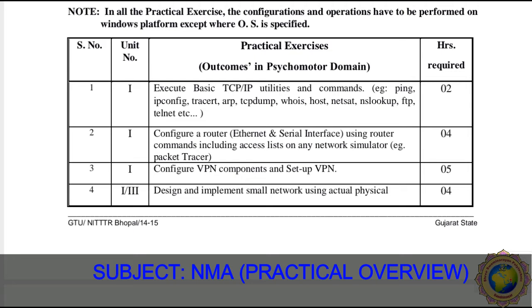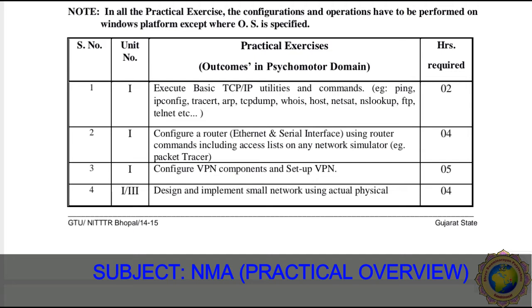Configure a router with Ethernet and serial interfaces using router commands, including access lists, on any network simulator. Here we have to use Packet Tracer, the Cisco Packet Tracer. Dear students, we have to perform this practical using Cisco Packet Tracer.